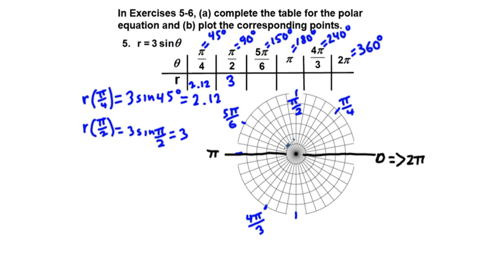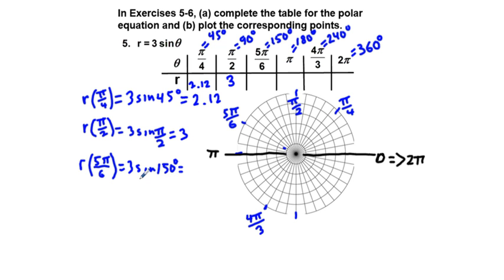For 5 pi over 6, we have our radius at the angle of 5 pi over 6 is equal to, from your equation, 3 times sine of 5 pi over 6. And I happen to know that, I'll just write this as 150 degrees, sine 150 degrees.